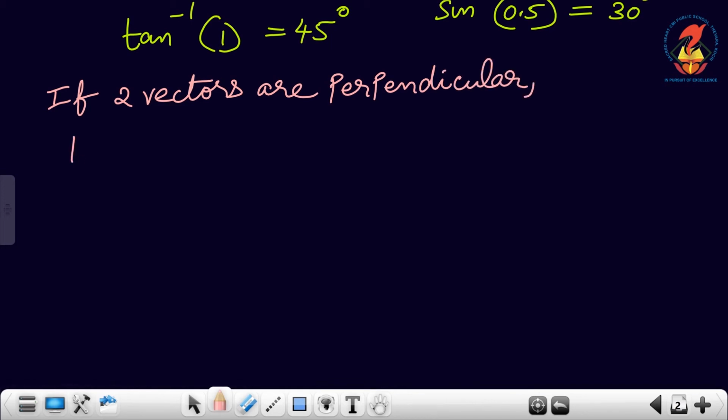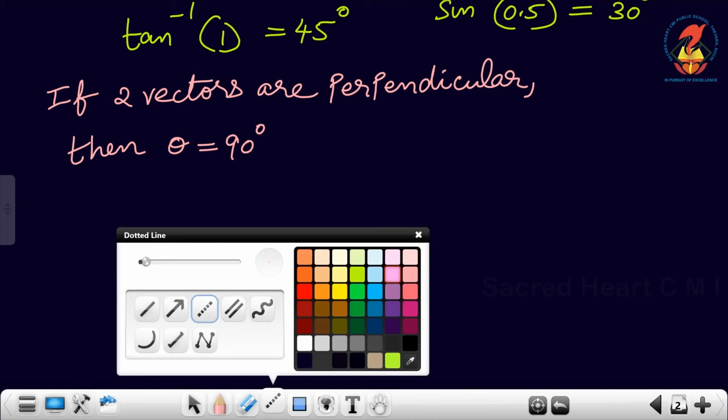If two vectors are perpendicular, then theta is equal to 90 degree. Let me draw the figure first.